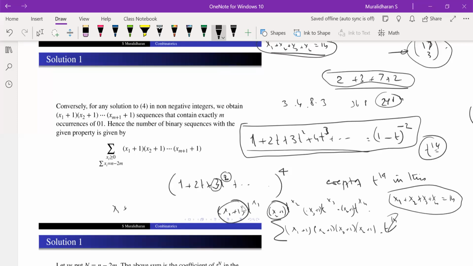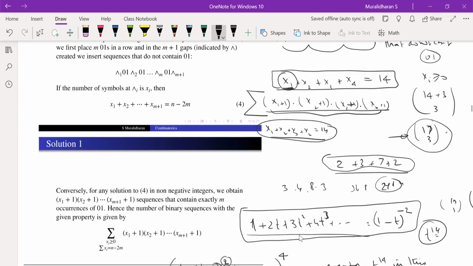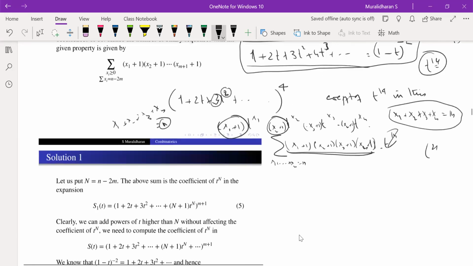So whenever x1 plus x2 plus x3 plus x4 equals n, the coefficient automatically sums up all these things. So when I sum up all these things, what I get is 21 choose 7. So that's what we got.